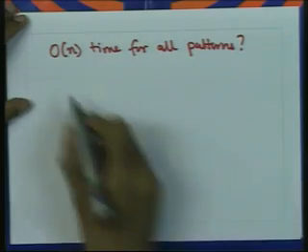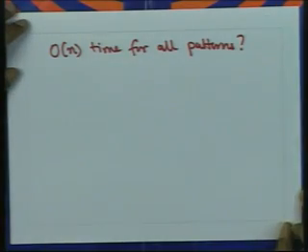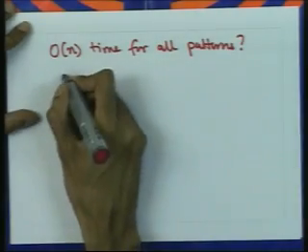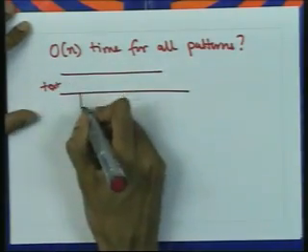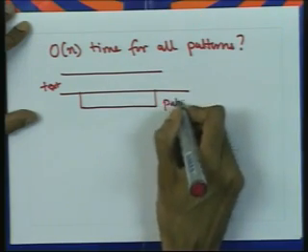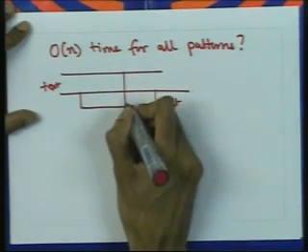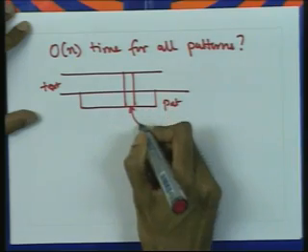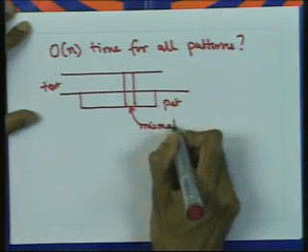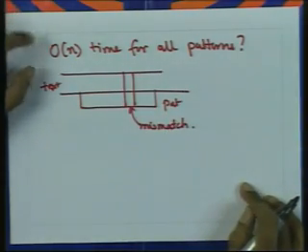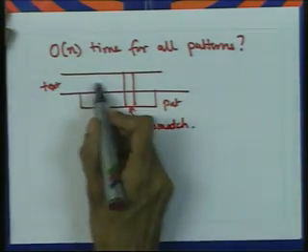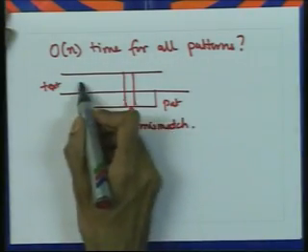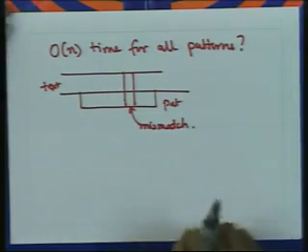So what is the scene? Suppose I should be able to do this. Well, the question is, if I have this is the text, and this is the pattern, and I match some of them, and here I have a mismatch. In each of the earlier cases, we somehow used this matched information. This information that this portion of the string matches with this portion of the text was used in both cases.